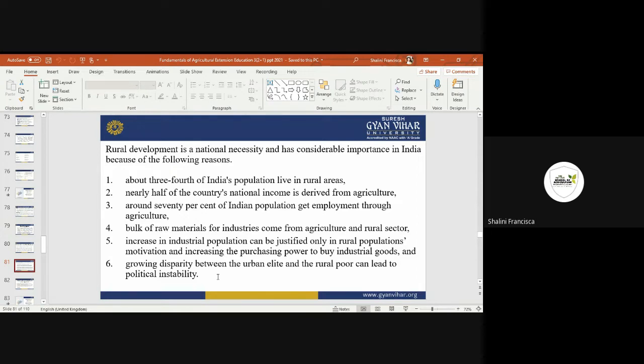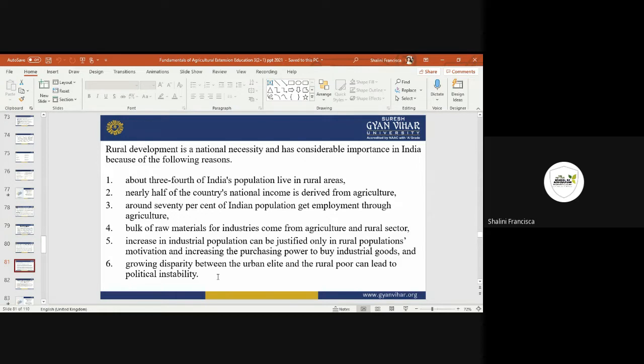So all the raw material that urban industries are getting is from agriculture or the rural sectors. An increase in the industrial population can be justified only by motivating rural people and increasing their purchasing power to buy industrial goods.